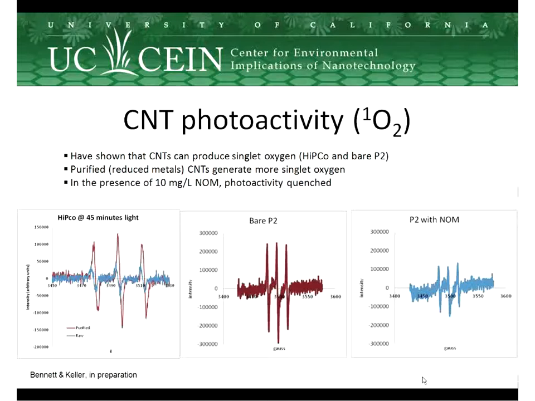This is the bare P2, which is a purified one, so again, it shows very strongly that we have good photoactivity. And then we have NOM that seems to decrease it. So it coats it and may interact with the photons that are coming in that way, or it may be that they both pick up the photons, but then they get shuttled, and so they're not available for photoactivity.